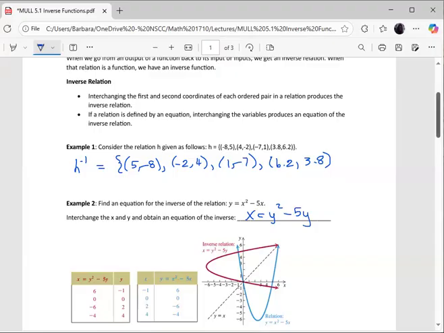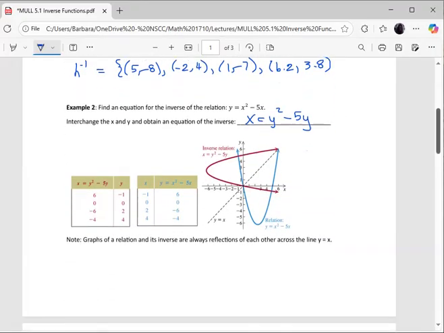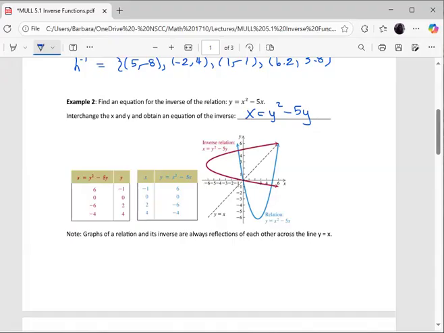If you graph both of these in your calculator, you will see that we have symmetry. The original equation y equals x squared minus 5x, that's in blue, is the parabola facing up. And then there is the inverse, the red parabola facing to the right.